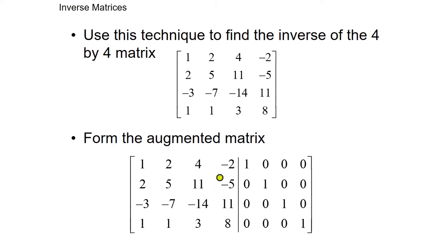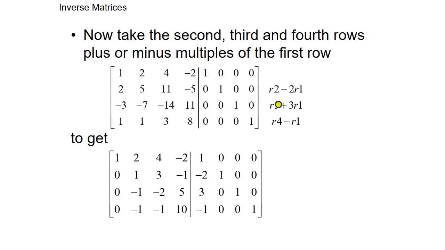So that's our augmented matrix. We want to carry out row operations to turn what's on the left into the identity matrix. We carry out the same row operations on the right, and we'll turn this into the inverse matrix. So here's our augmented matrix.